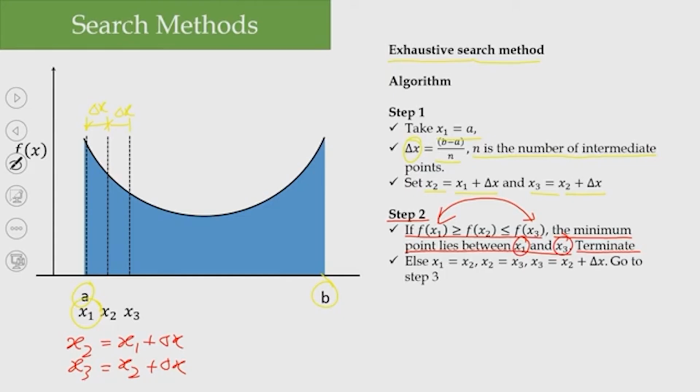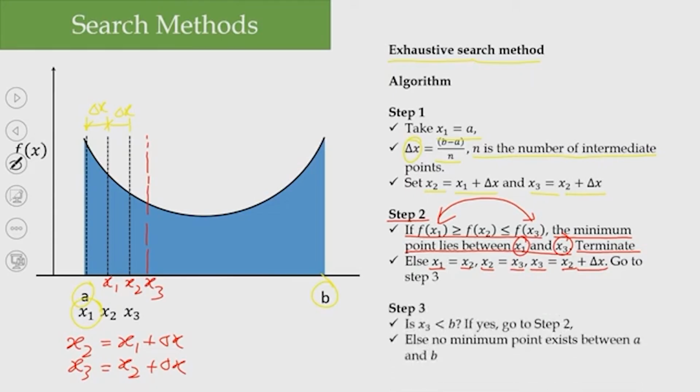If this condition is not true, we go to the next step. In that case x1 equals x2, x2 equals x3, and x3 equals x2 plus delta x. So we take another point; now this will be your x1, this is x2 and this will be your x3, and then go to step 3.